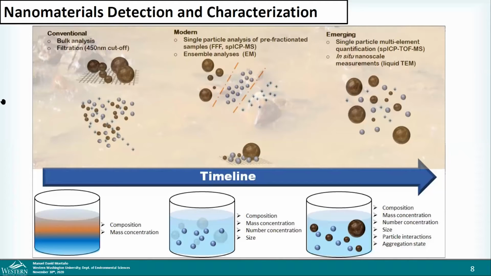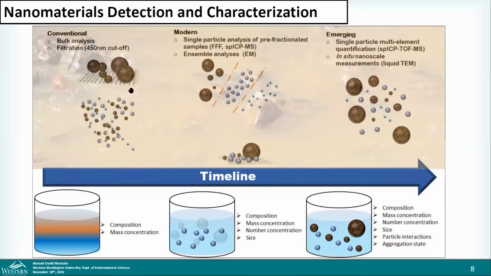Techniques such as field flow fractionation and single particle ICPMS, as well as using things like electron microscopy, here identified as EM. And then beyond that, again, trying to address the interactions of naturally occurring and engineered nanomaterials, we now have emerging techniques such as single particle ICP time of flight mass spec, as well as liquid transmission electron microscopy.